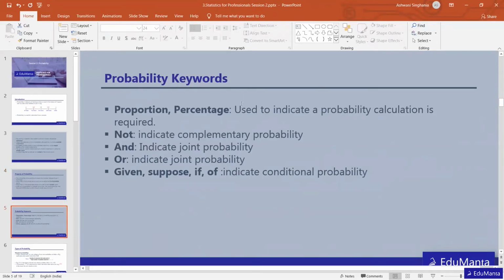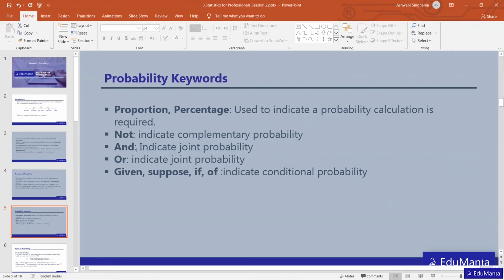Let's understand some of the keywords. When we talk about proportion or percentage, it means marginal probability, whereas not is a complementary probability.